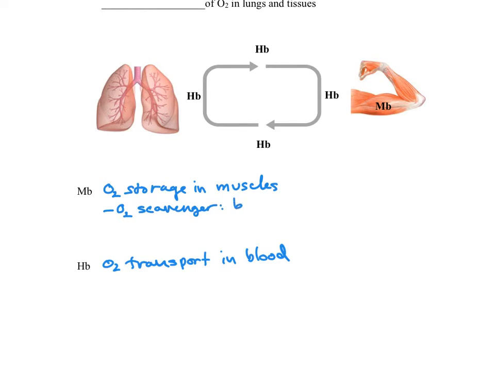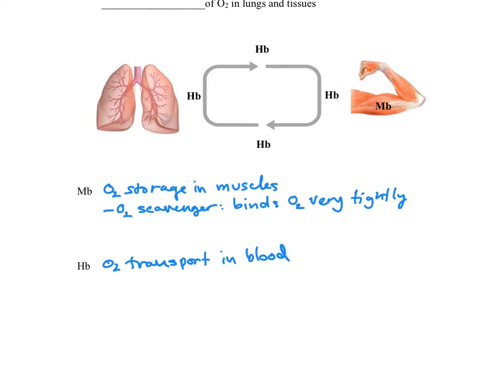It binds O2 very tightly all the time. Your muscles want to get as much oxygen as they can because it's needed for respiration. And it basically has this protein, myoglobin, that is super sticky for oxygen, has a very high affinity for oxygen.